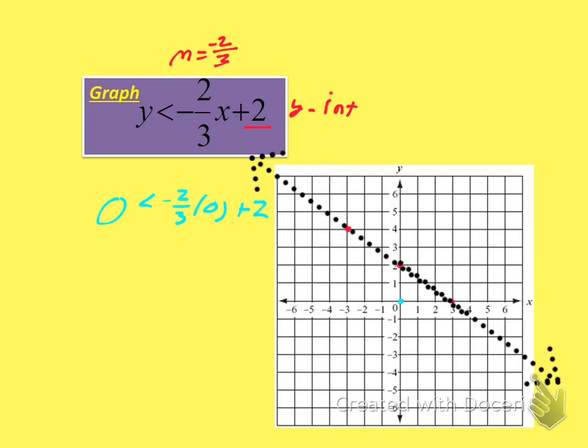So 0 is less than 0 times -2/3 plus 2. 0 plus 2 is 2. So 0 is less than 2. True or false? It's true. Since it's true, you shade the truth. And so from the line that you graphed, you shade the side that includes (0, 0).